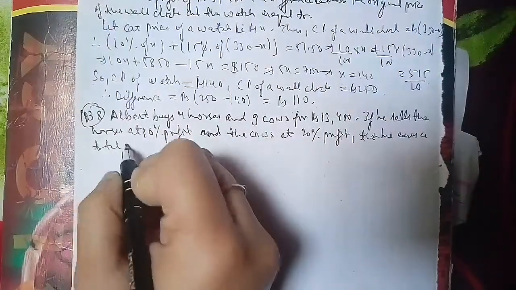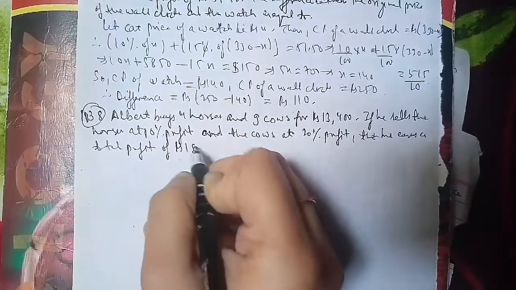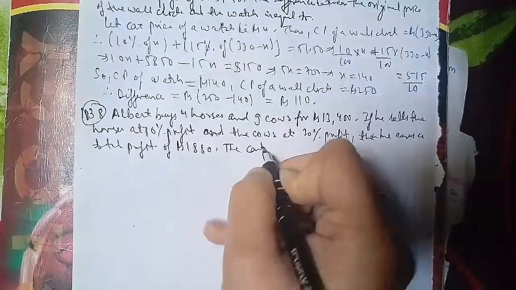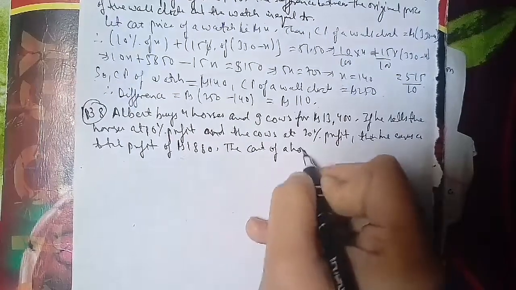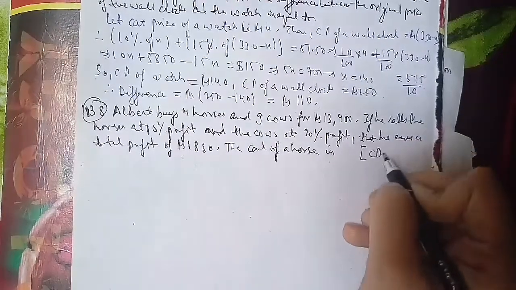The cost of a horse is, the options we have, this has been asked in the CDS examination paper: rupees 1000, 2000, 2500 and 3000. So we go ahead for the same.